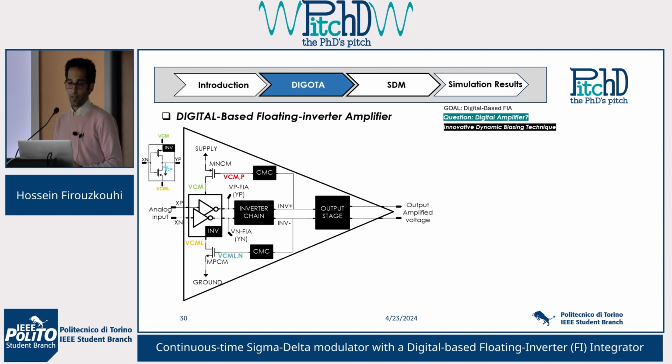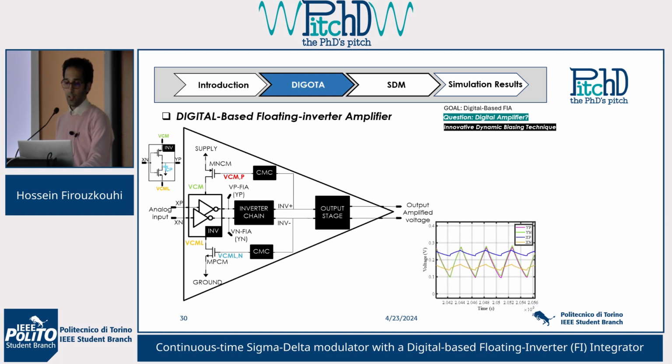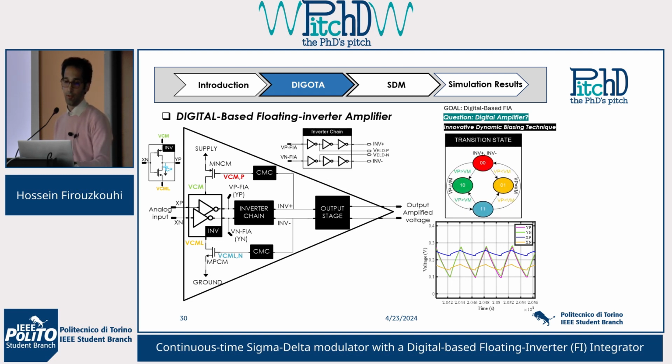The analog signal is applied to these two inverters, super inverters, and as you can see, the amplified signal, which is shown in this figure, is applied to the inverter chain. The inverter chain digitizes the amplified signal and produces the inv plus and minus, which depending on the logic are 0, 0, 1, 1, 1, 0, and 0, 1.